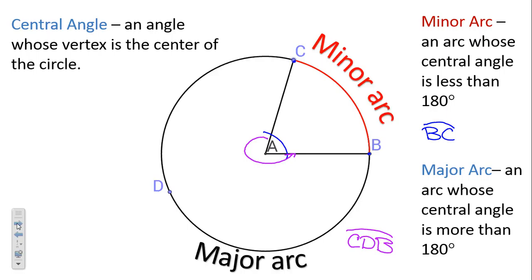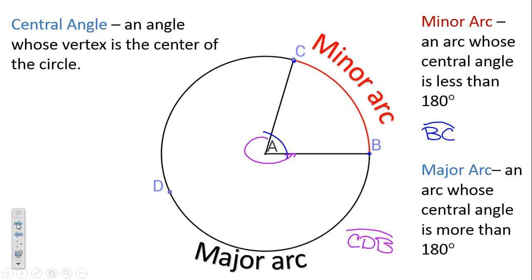And of course, I could call that DBC as well. So a minor arc is named with a 2-letter combination. A major arc is named with a 3-letter combination. So the bigger arc is the one that is more than 180 degrees.